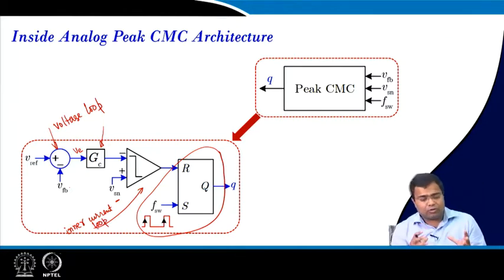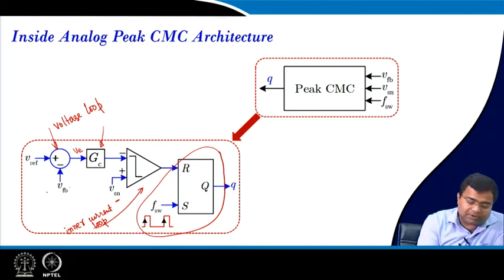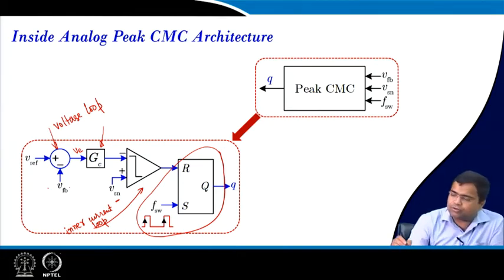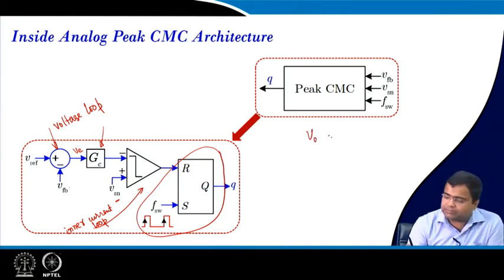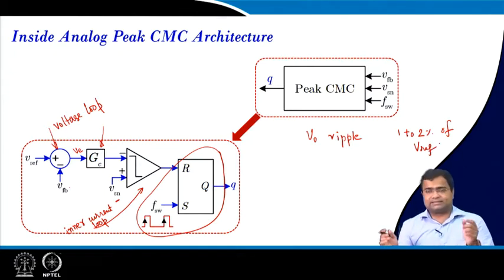In current mode control it is well known that for the outer voltage loop, the output voltage ripple, we generally consider 1 to 2% of Vref or even less.